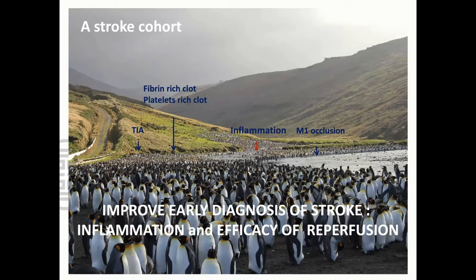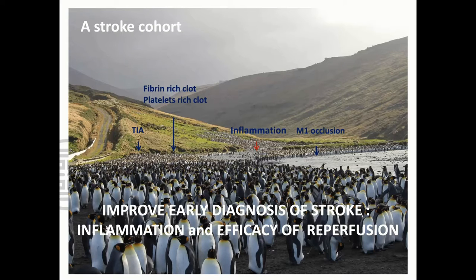And it would be very important to determine, by using different imaging modalities, whether clots are rich in fibrin or rich in platelets, or whether they will be responsive to rtPA treatment or N-acetylcysteine treatment or glenzocimab treatment, and also to determine whether inflammation occurs. And this could be a way to propose therapies, including not only fibrinolytic treatment, but neuroprotective treatment and anti-inflammatory treatment.